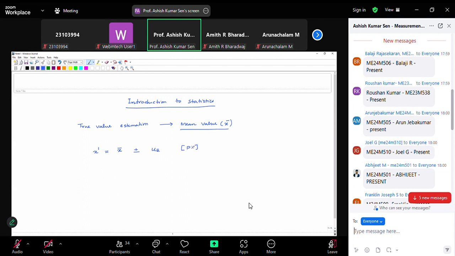This is the true value that you are trying to estimate, but actually you are estimating the mean value from the data.